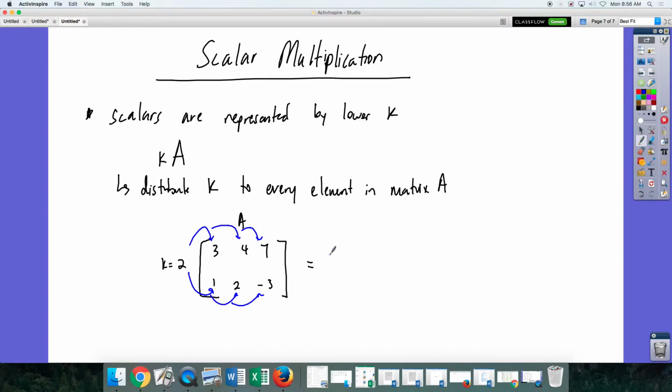So we're just going to multiply everything by 2. So our new matrix would be 6, 8, 14, 2, 4, negative 6. Right? And that'd be it. So I'm just multiplying everything by 2.